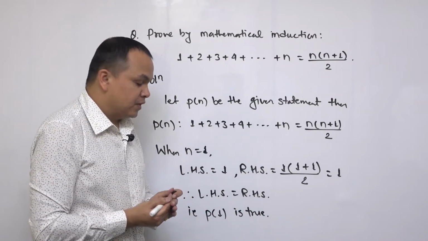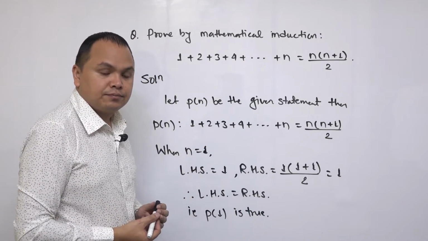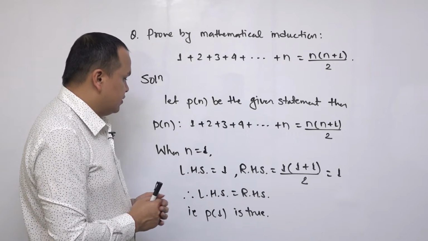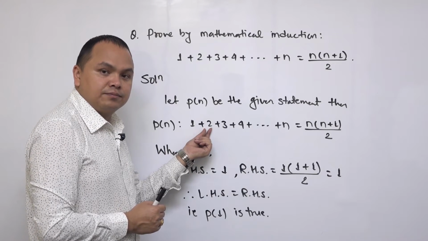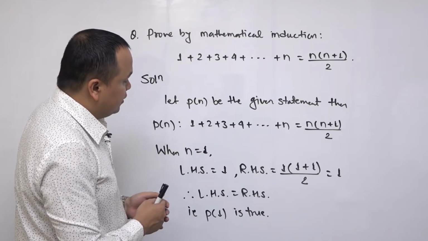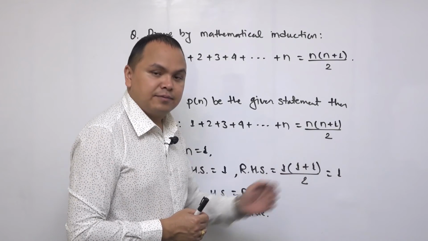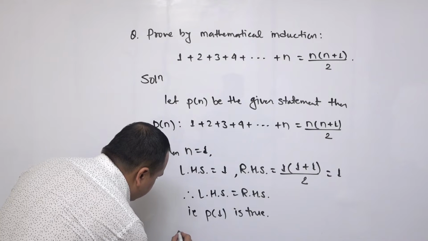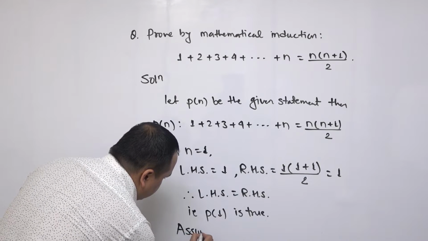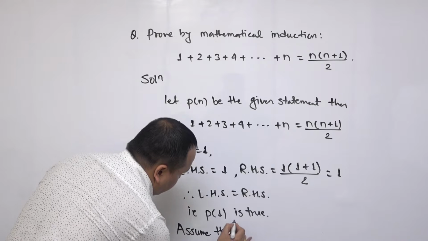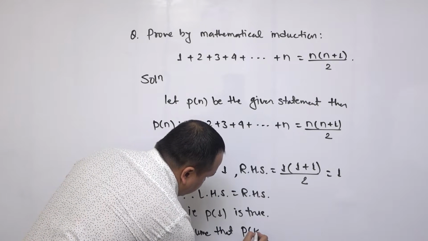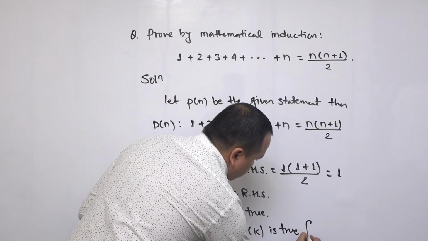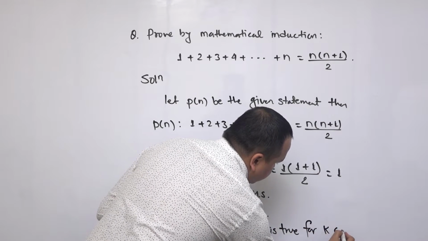If we take n is equal to 2, then left hand side becomes 1 plus 2. Similarly, put n is equal to 2 in right hand side. Now assume that Pk is true for k belongs to n.